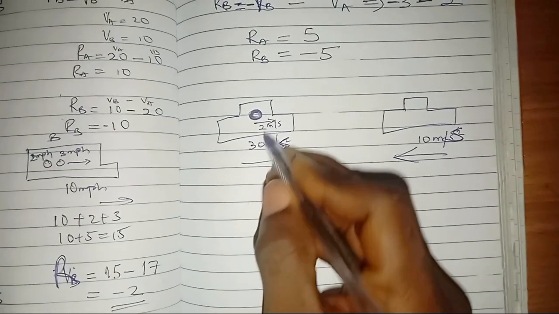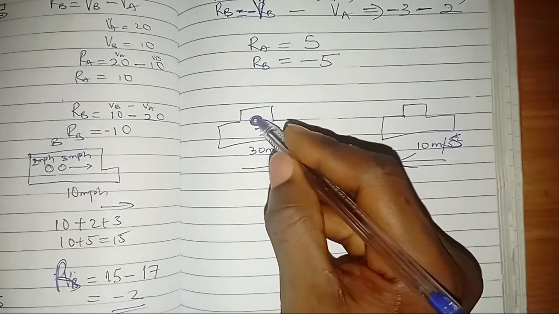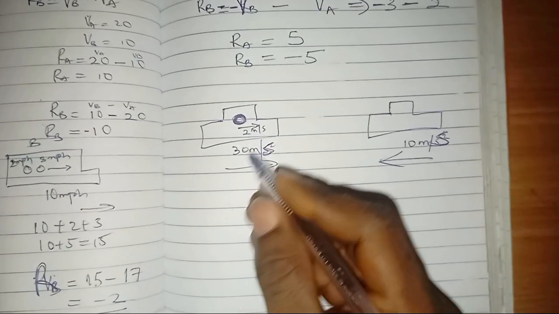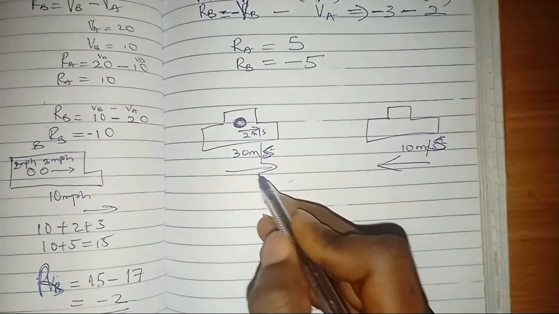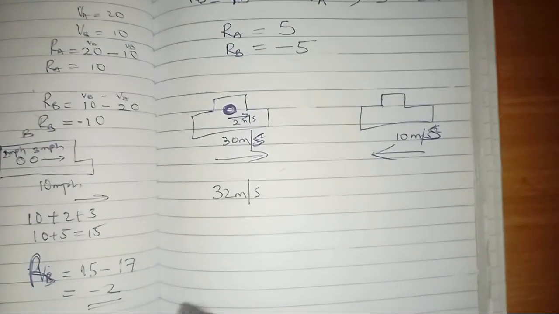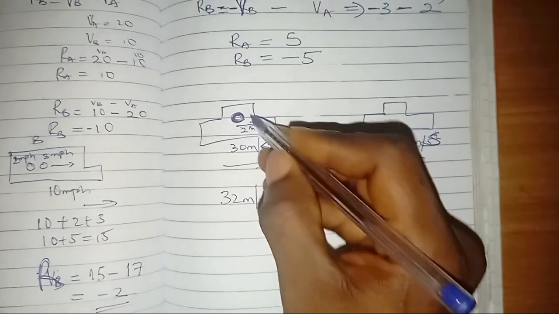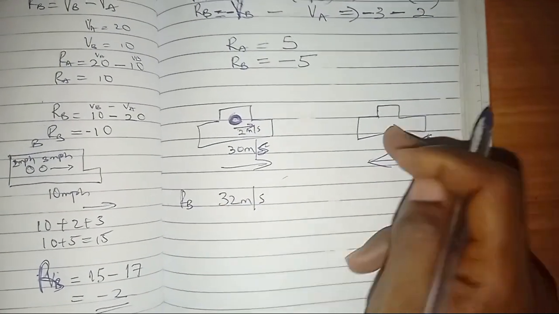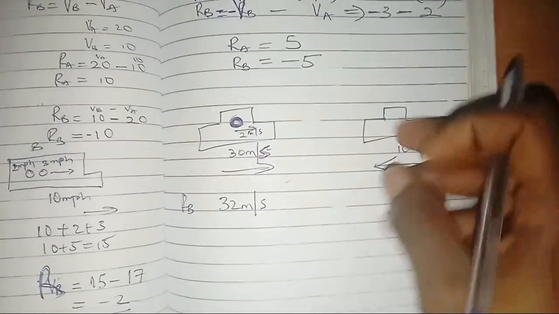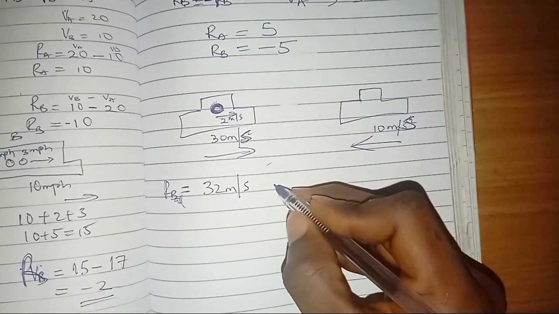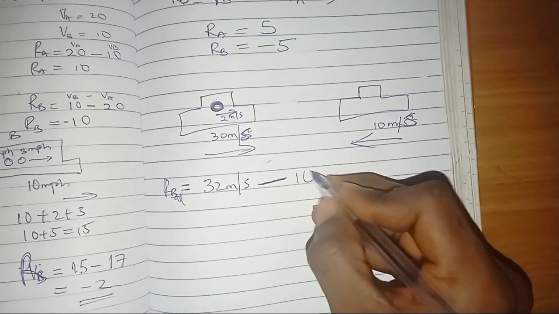So this is for the ball, and the question says find the relative velocity of the ball. What it will simply be is the velocity of the ball and that of the car. So this will be simply 32 meters per second, adding it up. I know the ball here is 2, but if they ask the relative velocity of this ball with respect to this, what the person inside here will be seeing is the velocity of this car and the ball. So the relative velocity of the ball will be equal to 32 minus 10.